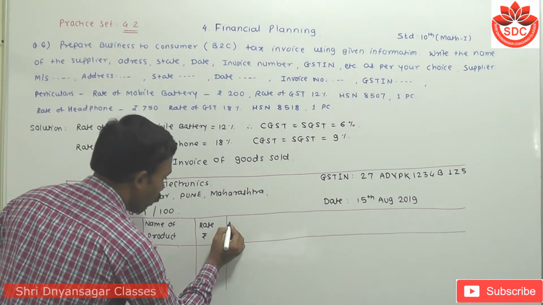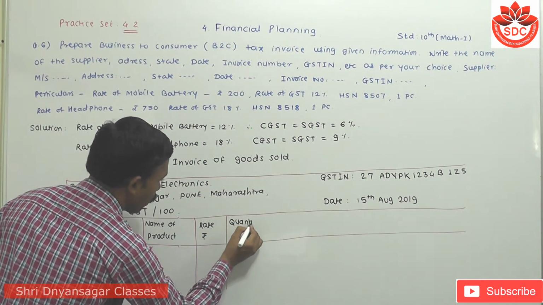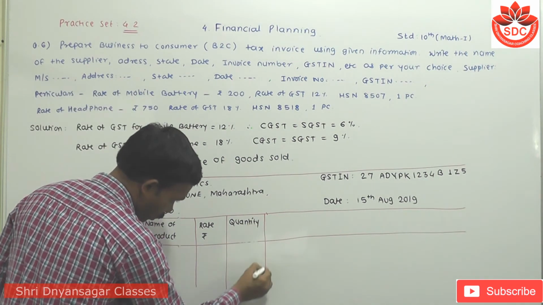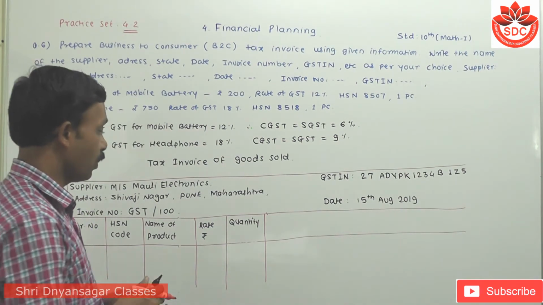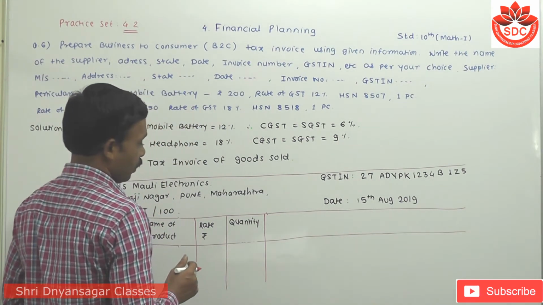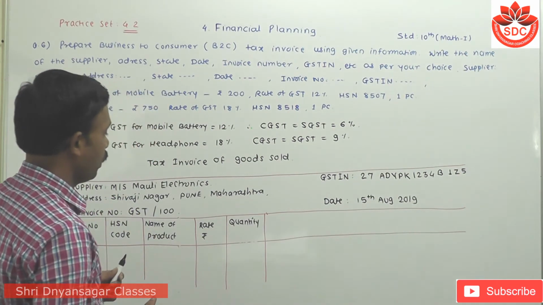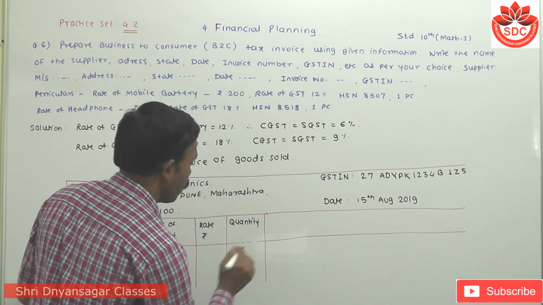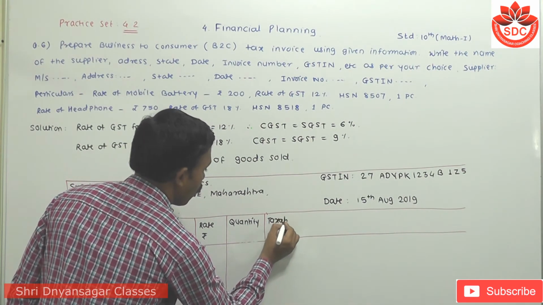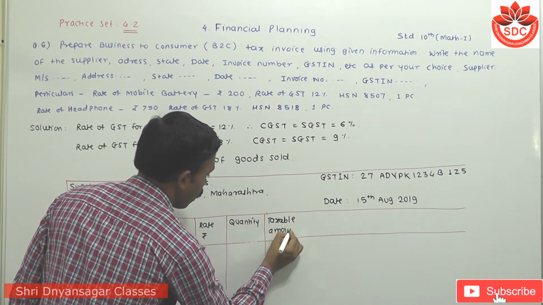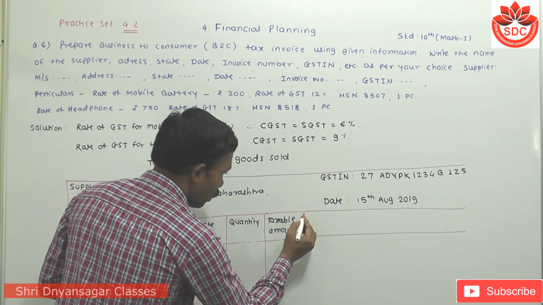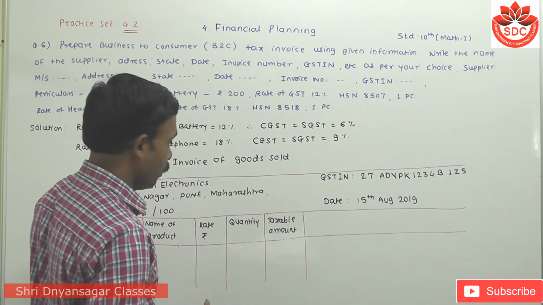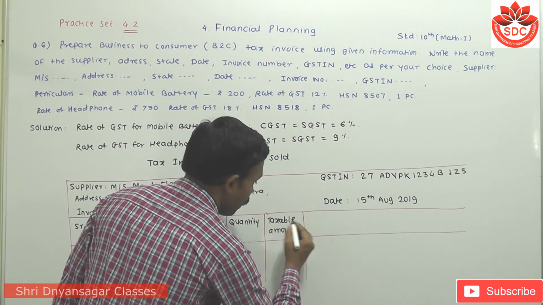Then students, we take the quantity. How much quantity is there? Suppose how many pieces, 1 or 2 packets of this. Then the next one is quantity times rate. Then we take the taxable amount. Then we write CGST.